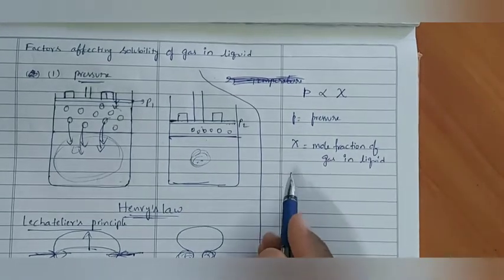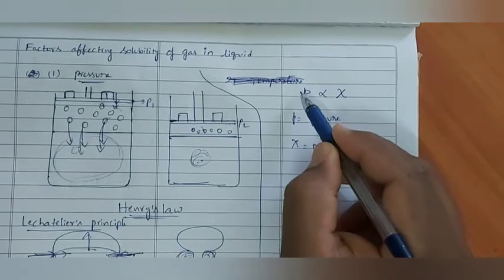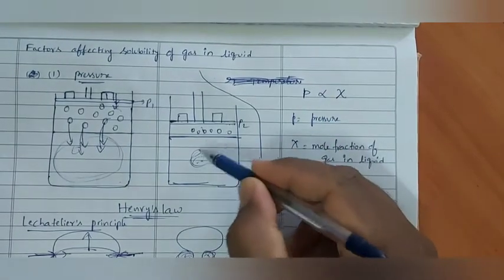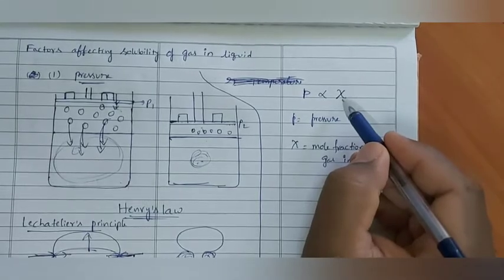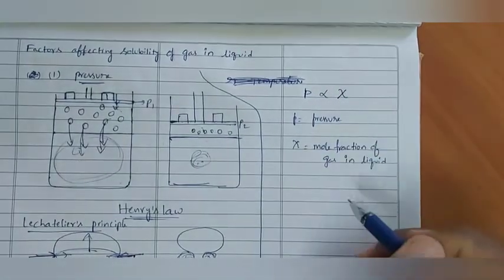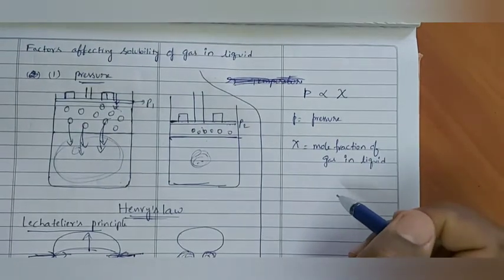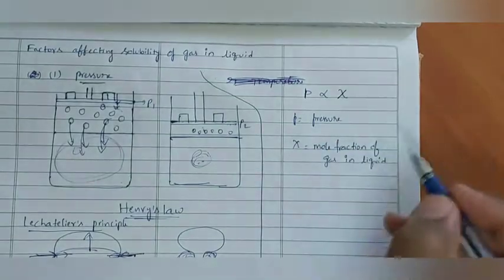What is the meaning of this? When pressure increases, the quantity of gas in the liquid increases. According to that, the mole fraction also increases. So P is directly proportional to chi. This is one more formula.